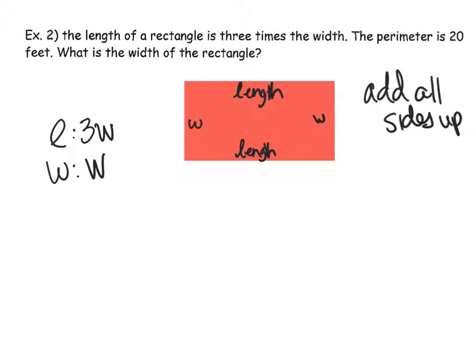Please label your rectangle with, instead of L, put 3W. So like this. Instead of width, put W. Because I just got new things for length and width, and I need to make sure that I label my rectangle.